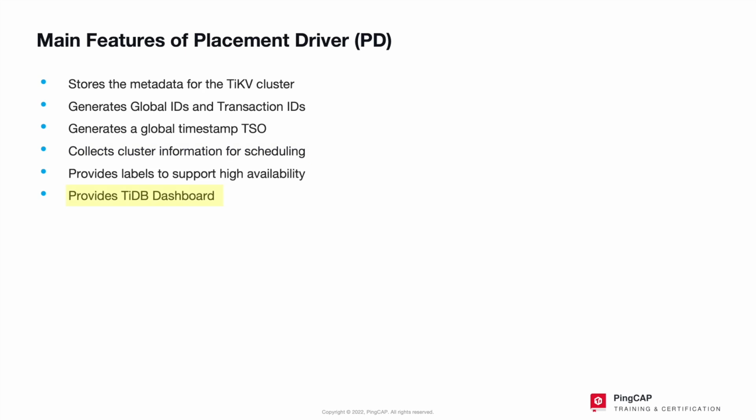We mentioned this on a previous slide. The PD hosts a small web server that runs the TiDB dashboard. Recall that the TiDB dashboard provides information regarding the TiDB database. In summary, PD is the equivalent to the general control center of the TiDB database. In later sections, we will focus on the functions of generating global timestamps, or TSOs, and scheduling.